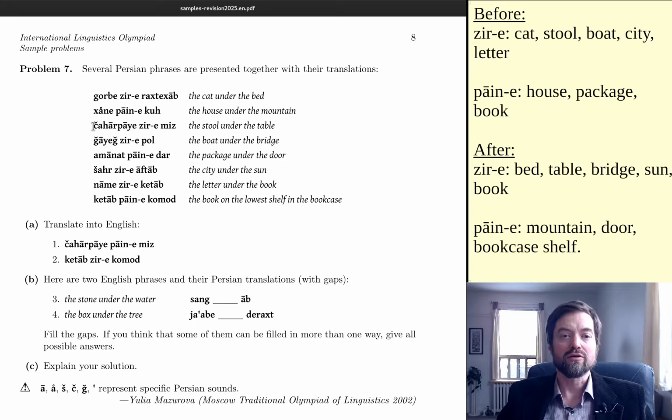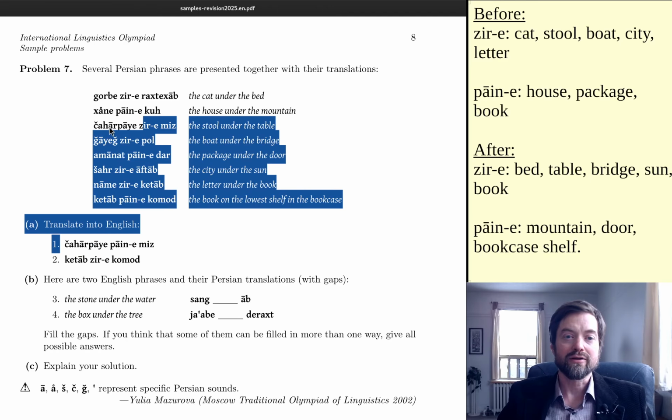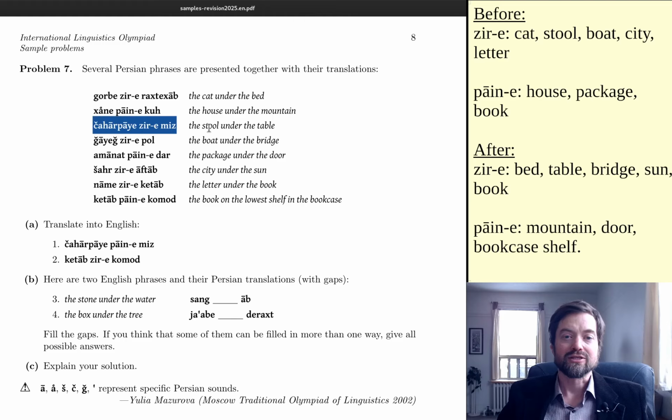Interesting. Okay, so here we see this sentence, chahar paye zire mis. Here, chahar paye paine mis. So this sentence is exactly like this one, except the difference is zire versus paine.